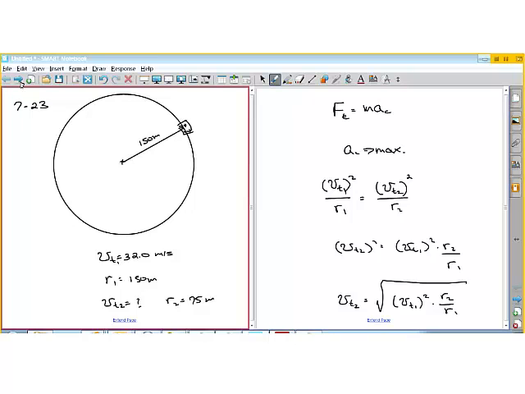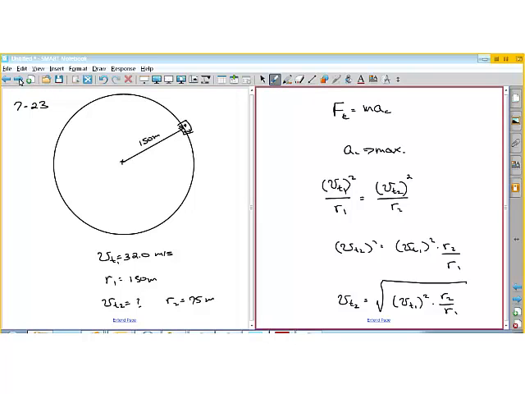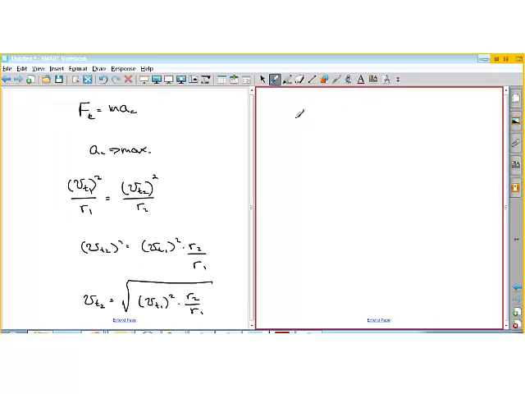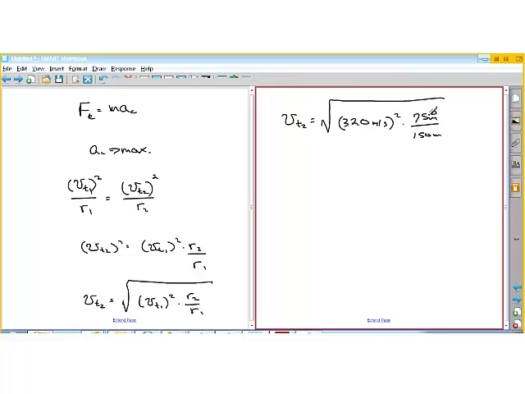So we can plug those in. Our limiting speed is the square root of 32.0 meters per second squared, times R2, 75 meters, over R1, 150 meters. They put 75.0 so that we can keep 3 significant figures.